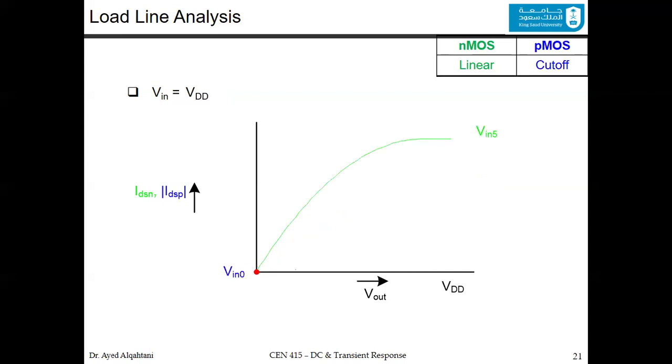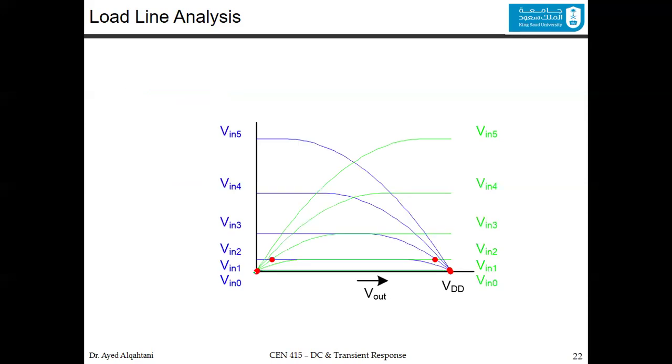And if it is 100%, it's exactly at 0 volts. So it's working as we expected. We have this relation between the input and the output, and we can compile everything together in this graph. You can see that you have 6 operation points, 3 points over here close to the VDD and 3 points over here close to the ground.